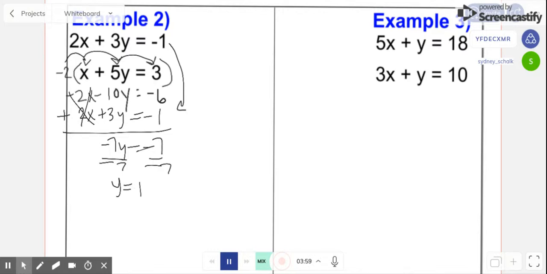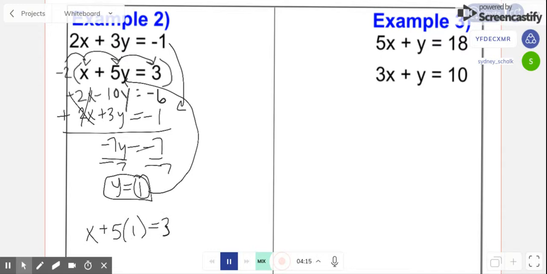Finally, I can go ahead and plug that 1 back into one of the equations. It's going to go in for y. I'm going to rewrite this again. I have x plus 5 times 1 equals 3. And 5 times 1, of course, is 5. So I'm left with x plus 5 equals 3.